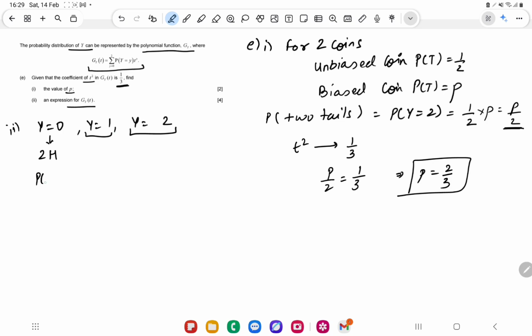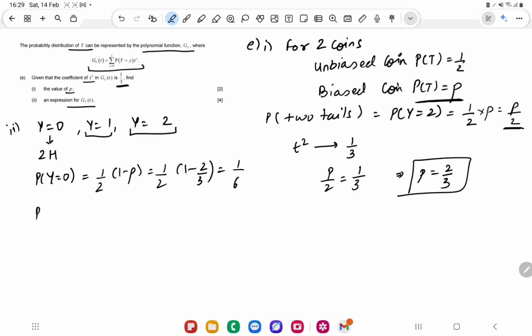So let's start with the probability of y equal to 0, meaning the probability of both heads. For the first one, the probability of head will be 1 by 2, and we have calculated the probability of tail as p for the biased coin. So for head it should be 1 minus p. So I will be substituting my value of p here. I will be getting 1 by 6 as the answer.